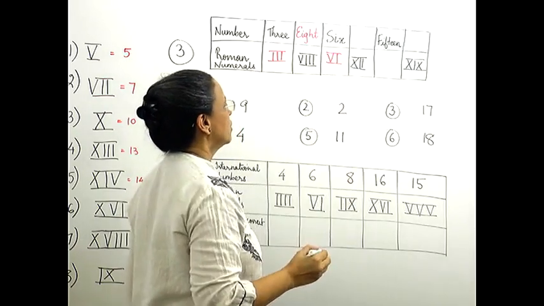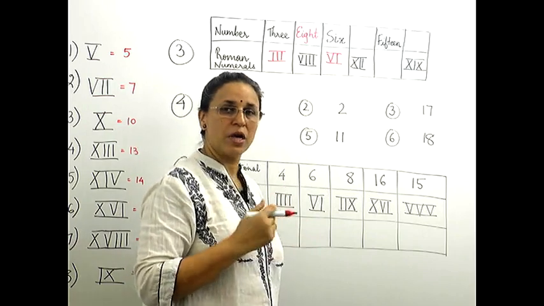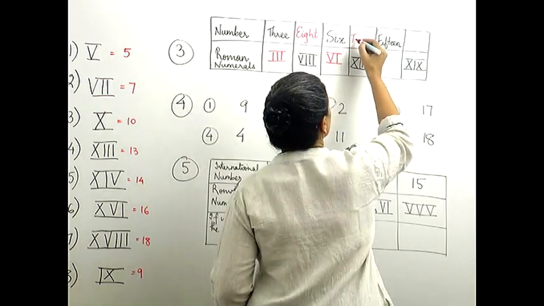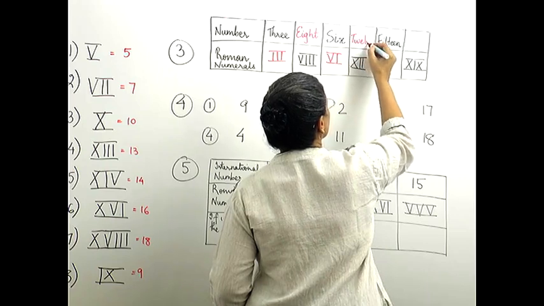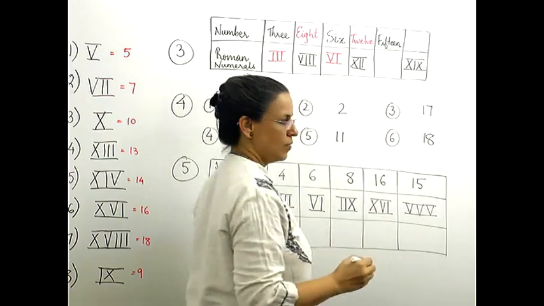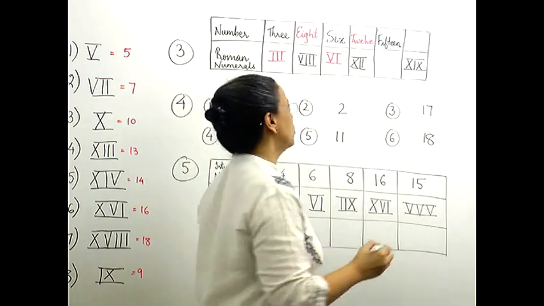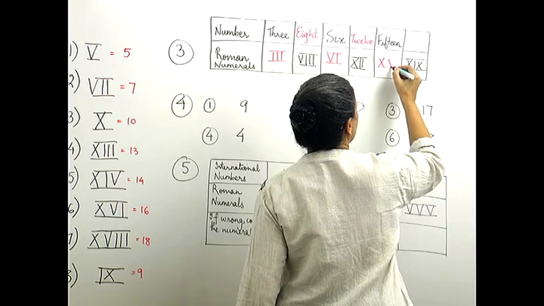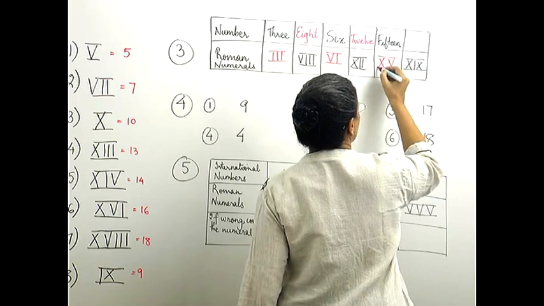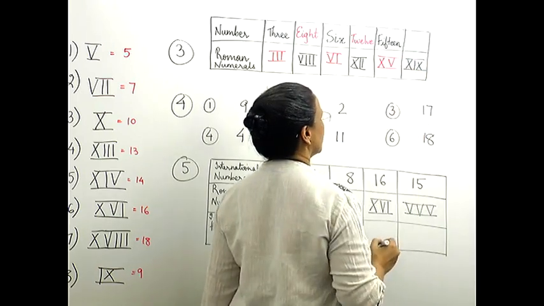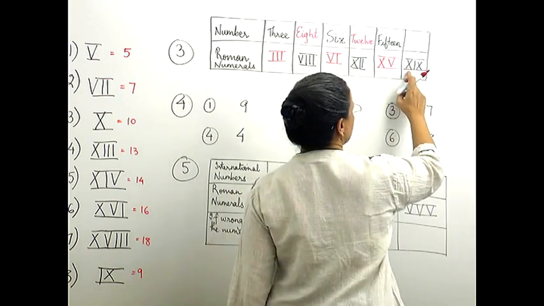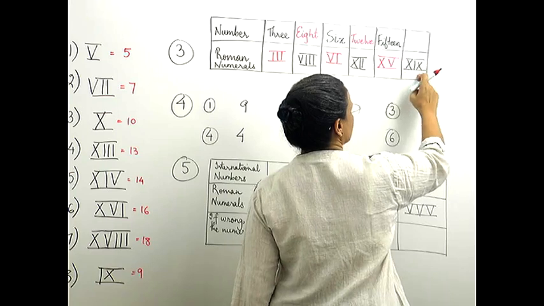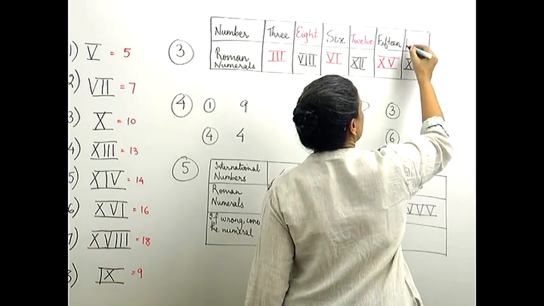The next number you can see is 10 plus 2, that is 12. Now how will you write 15? You'll write 10 and you'll add 5 to it, so that will give you 15. And the next number you can see 10, and from the next 10 they have minused 1, so 10 plus 9 will give you 19.